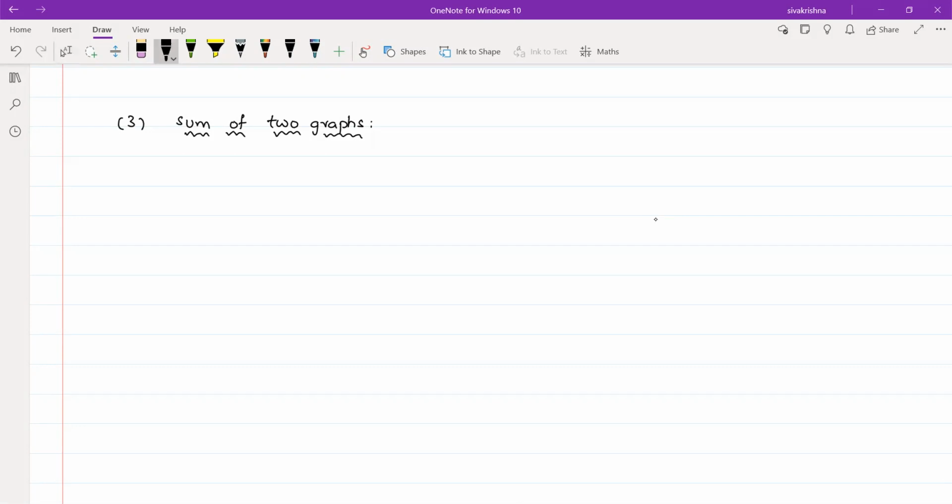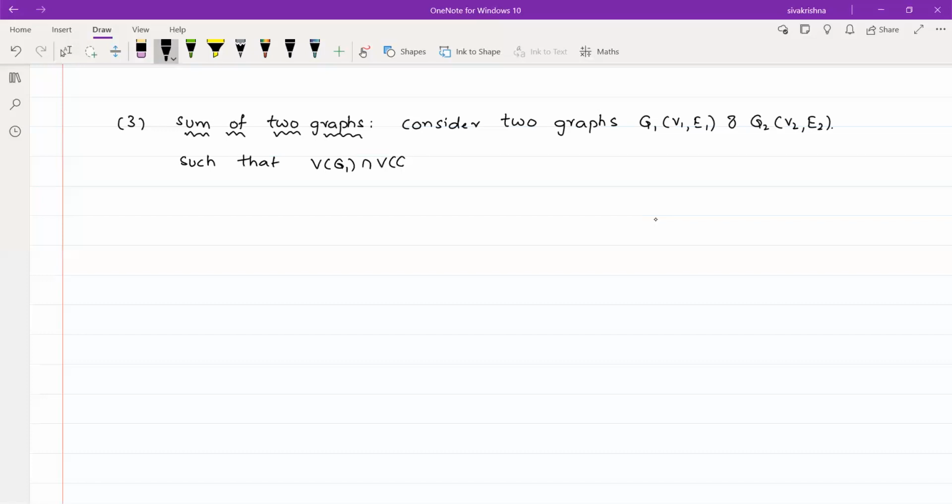So the definition: consider two graphs G1 = (V1, E1) and G2 = (V2, E2) such that V of G1 intersection V of G2 should be empty.